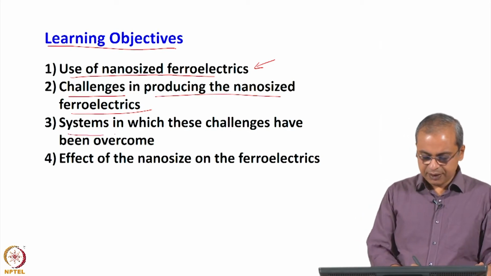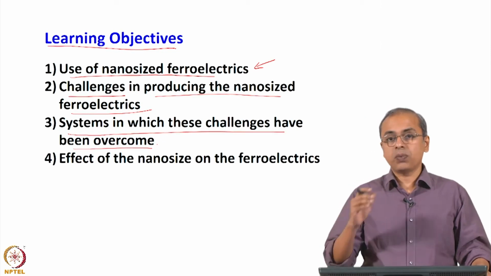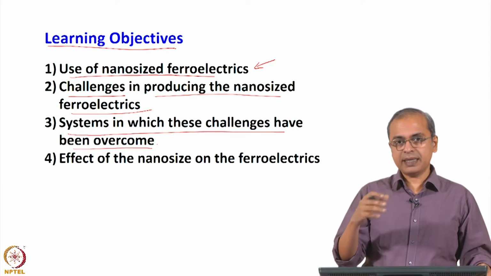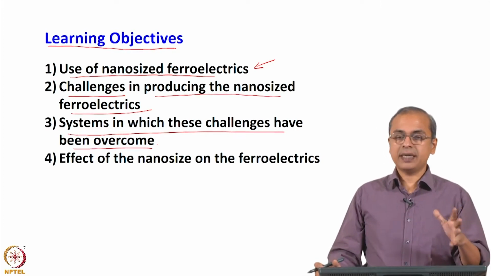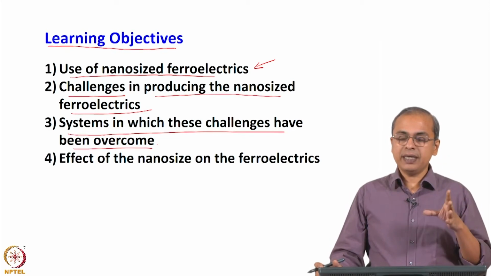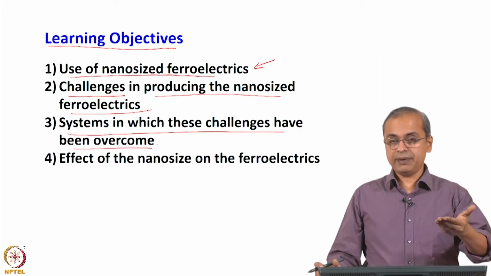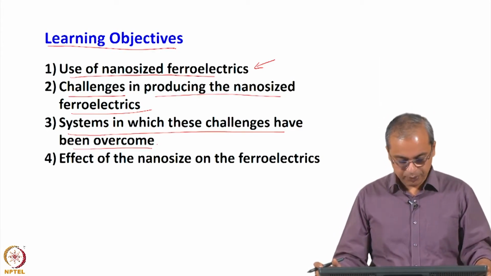Something about systems in which these challenges have been overcome, and how they have overcome it. There is some system where they discovered that you can actually do it better. Very recently they have discovered this, and we would like to see how they have overcome it, the thought process they used, and what they have been able to demonstrate.